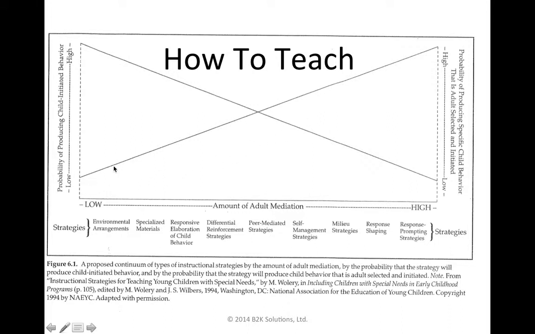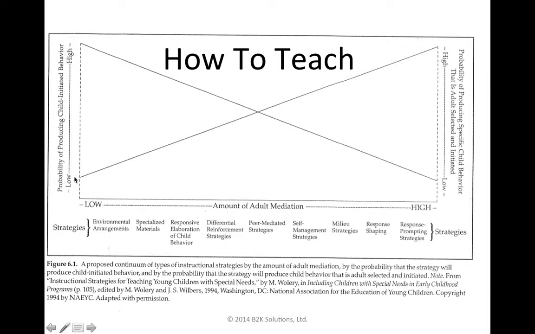See how those are at odds with each other in terms of a continuum. Low child initiated, the opposite of that would be high demonstration of an adult specific and adult initiated skill. Conversely, if you are interested in a high child-initiated behavior, the opposite of that is selecting a skill that is selected again by the adult and is initiated by the adult.